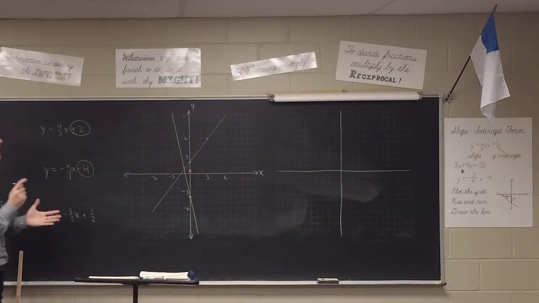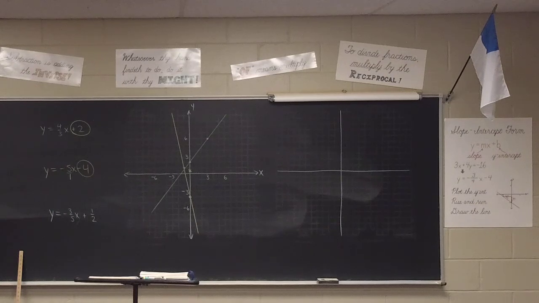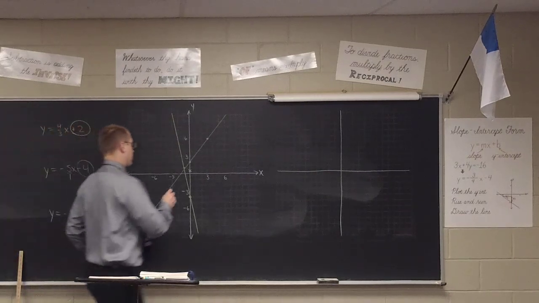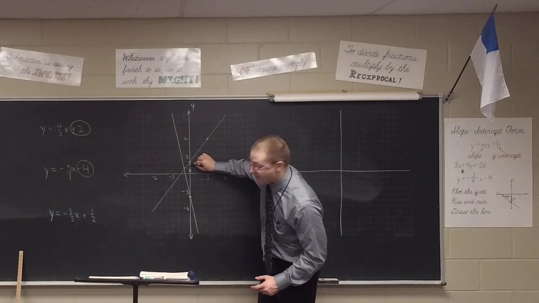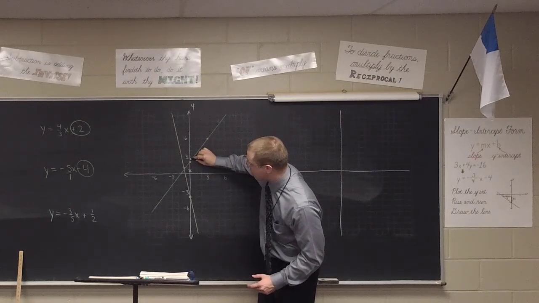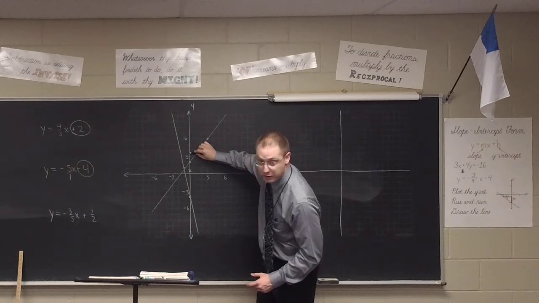Now, once I've plotted the intercept, Gavin, then I need to do the rise and run, right? So I'm going to rise how much, Gavin? 3. Now watch. I'm at a half. So when I rise 1, I'm at 1.5. 2, is it 2.5? 3, I'm up at 3.5. Do we see that?